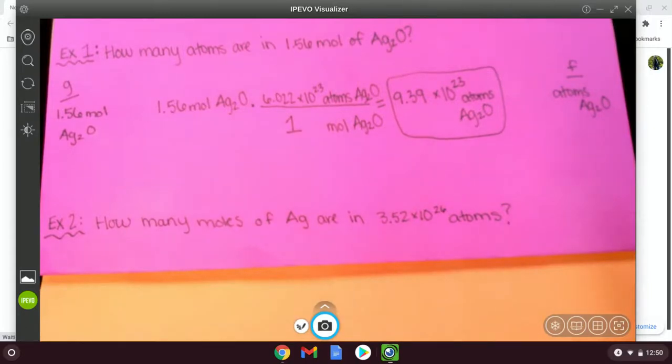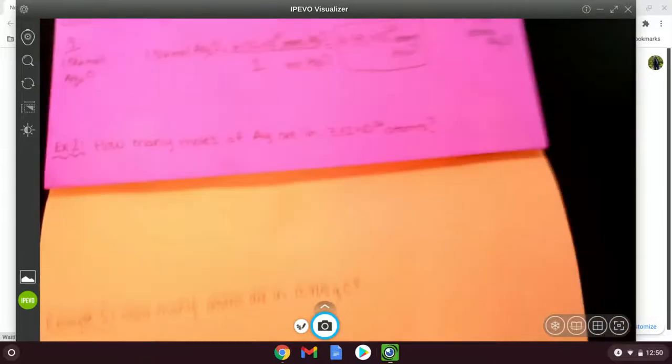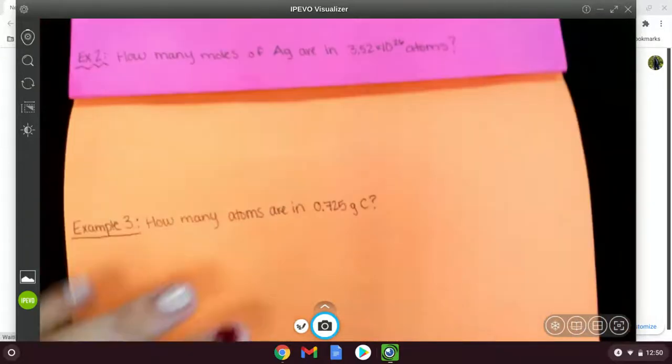Let's look at the second problem. For example 2, how many moles of silver are in 3.52 times 10 to the 26 atoms? Now we're going from atoms to moles. First things first, let me set this up so we all can see this.